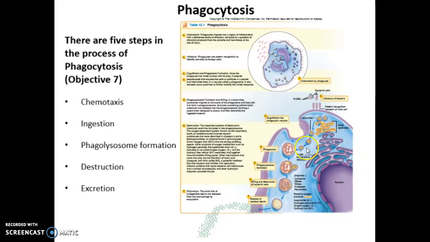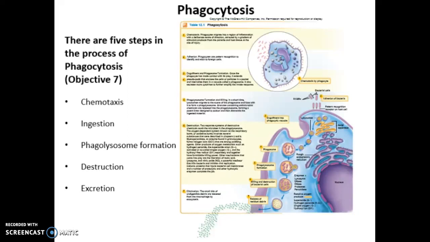The lysosome and the phagosome fuse in step 5 to create the phagolysosome, and by fusing, these chemicals are released into the area where the bacteria are found. Then you have destruction, killing and dismantling of the bacteria cell, and then excretion.